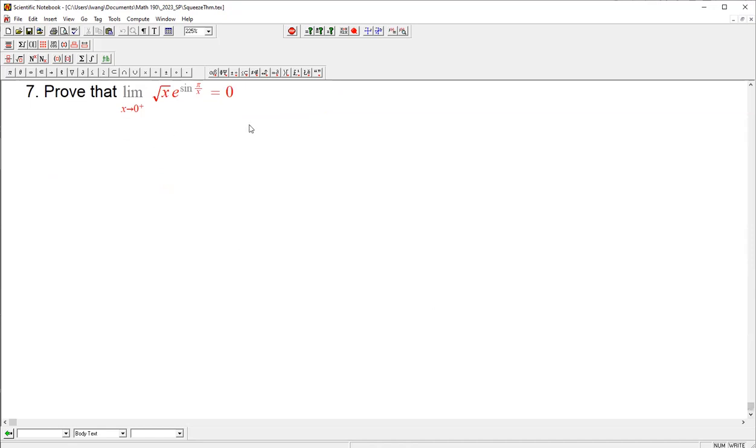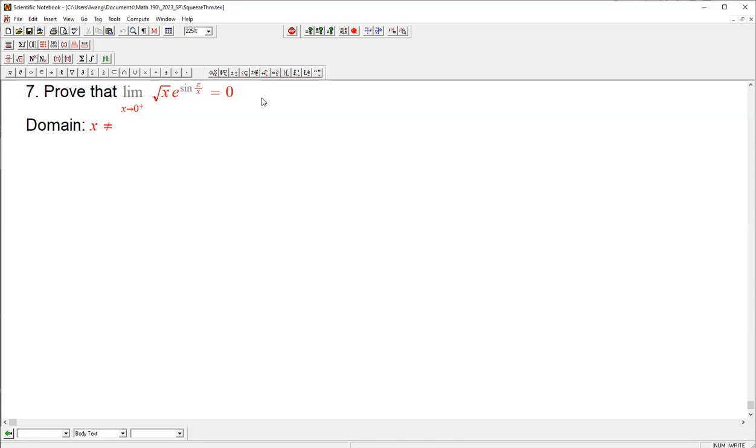In this relationship, first we need to understand the domain. The domain for this entire function is x greater than 0. On the sine pi over x part, to make sure pi over x is meaningful, x cannot be 0.